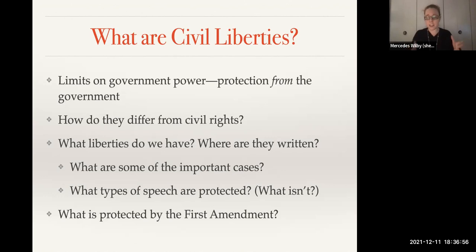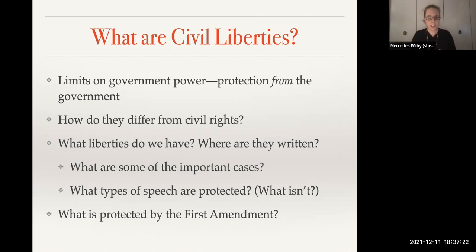For example, speech that is meant to defraud is fraud and therefore bad, right? It's not protected because it's a crime in that way. Speech that incites violence, that causes a clear and present danger of violence, is not protected. It could be prosecuted after the fact for inciting violence. So those are 2 of the big types of speech that are not protected.